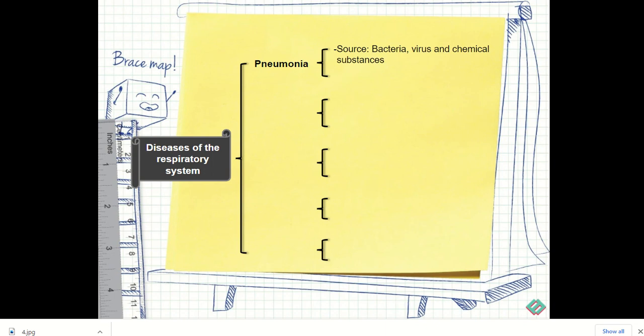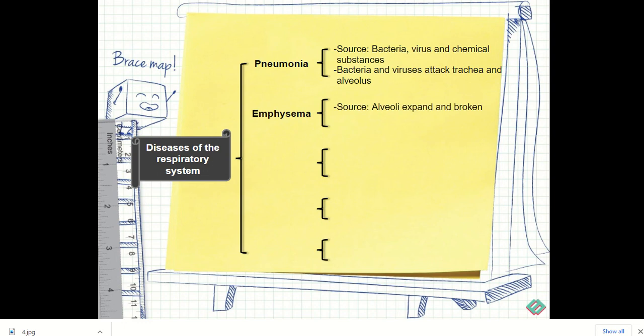So the diseases of the respiratory system, number one we have pneumonia. So pneumonia is caused by bacteria and also viruses in our lungs. Okay, so it will attack the trachea and alveolus in our lungs, which makes it difficult.